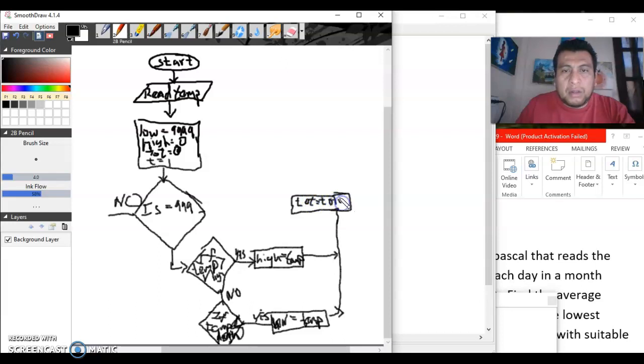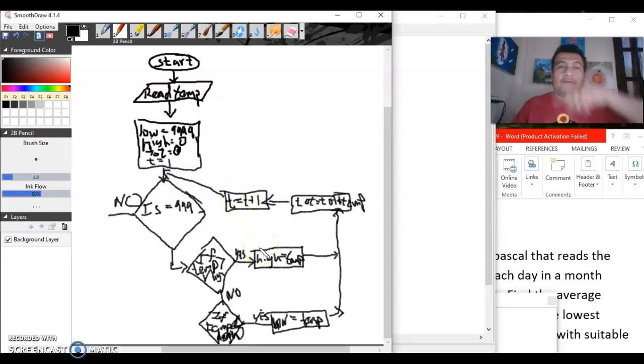Total equals total plus your temp, and at the same time, arrow very important, it is also counting here: t equals t plus 1, and the loop is continuing.